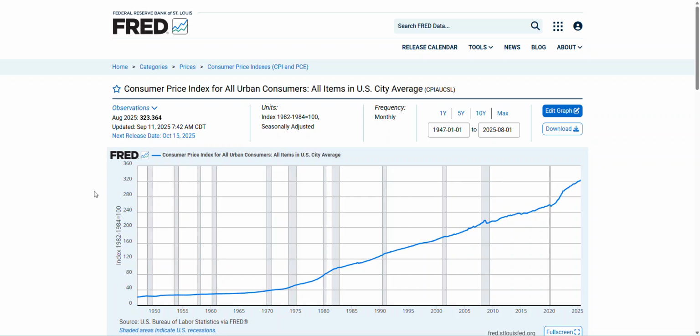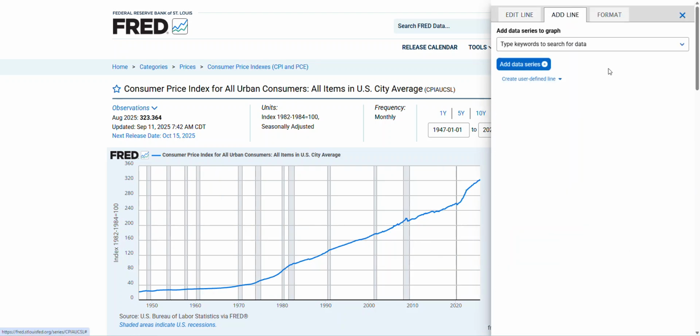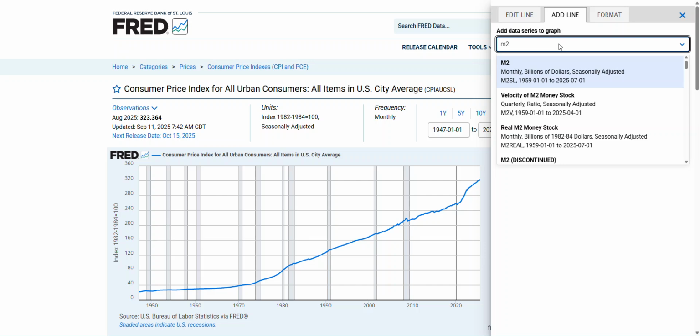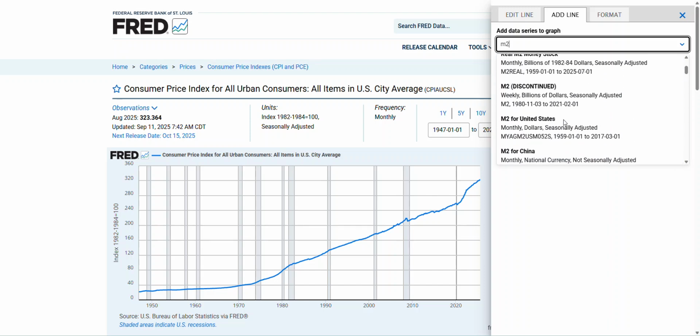How is inflation related to money supply? Well, we need to add money supply. So let's edit the graph, add a line. Now I know I want to use M2. So now we have a number of sources here of M2. In fact, you can look down, there are a ton of them.